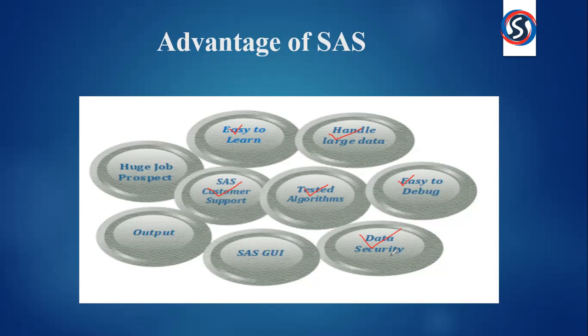The data in SAS is completely secure. In case of office use, without the license, we cannot extract the data, and even manipulation is not possible because of the data security. This is the reason behind the popularity of SAS in the corporate world.